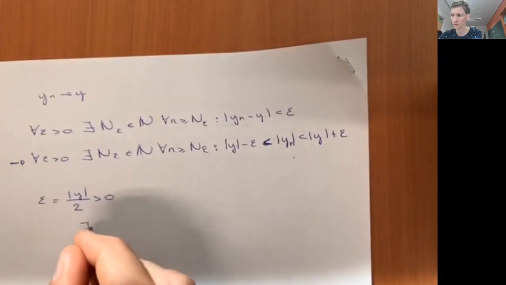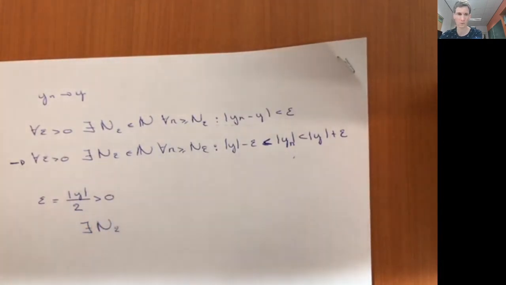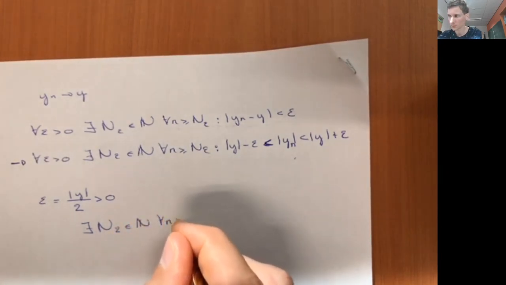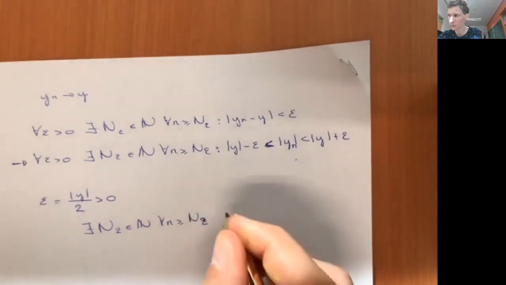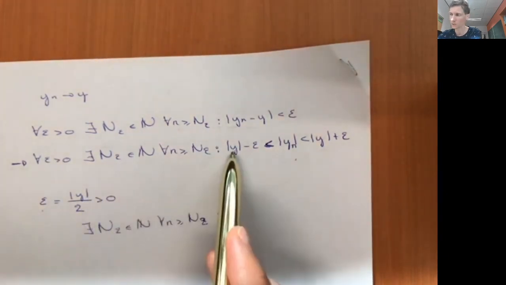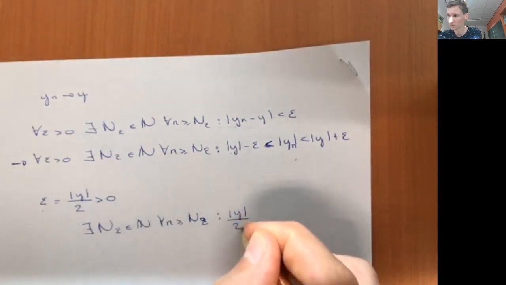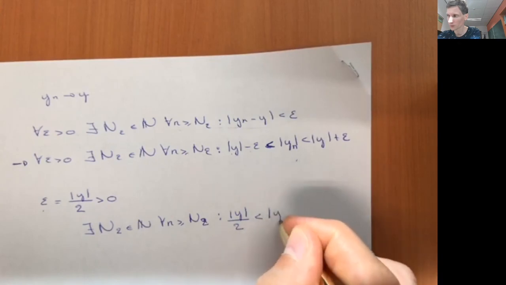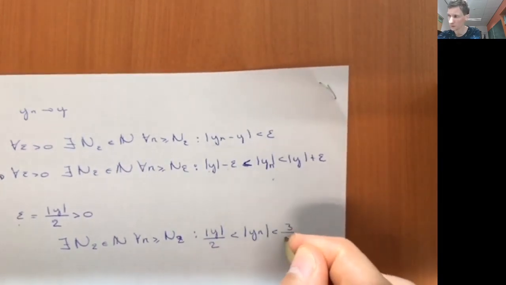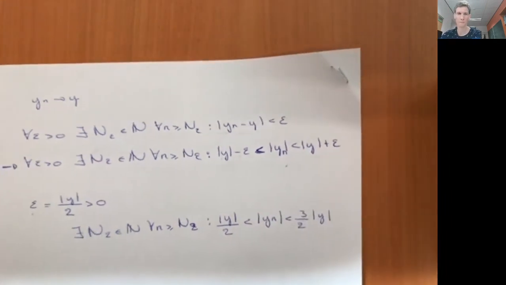Okay, so we know that there exists an n, let's call it n2, such that for all n greater or equal to this n2, now we can plug in the epsilon in here. So the absolute value of y minus the absolute value of y over 2, this gives you the absolute value of y over 2, and this is smaller than the absolute value of yn, and this is smaller than 3 over 2 of the absolute value of y.